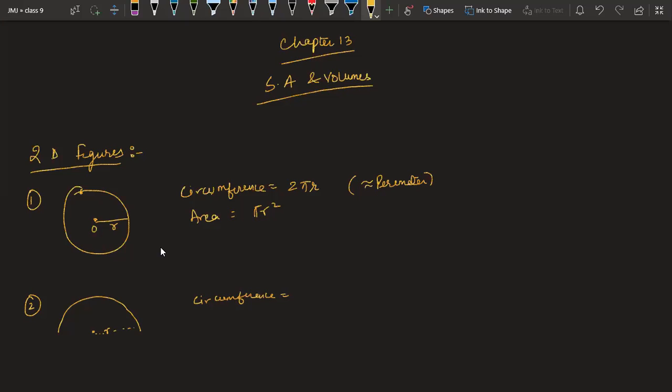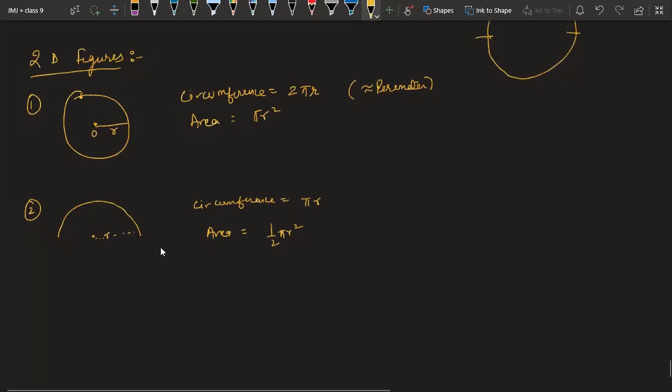Good Prisha, the circumference will be given by pi r only, because obviously if the complete length is 2 pi r, then if you cut it in two parts, it becomes a semicircular arc, and the length of one semicircular arc is pi r only. And the area remains the same, that is half of pi r square.